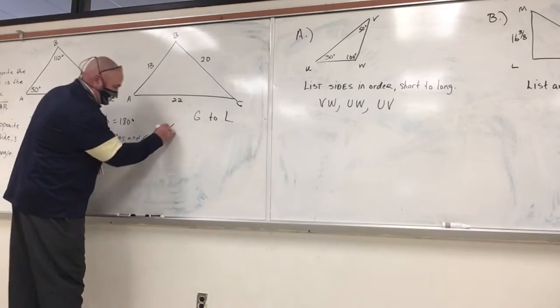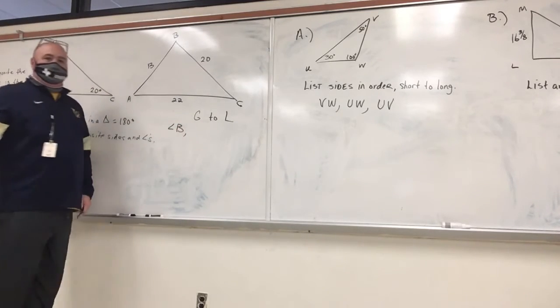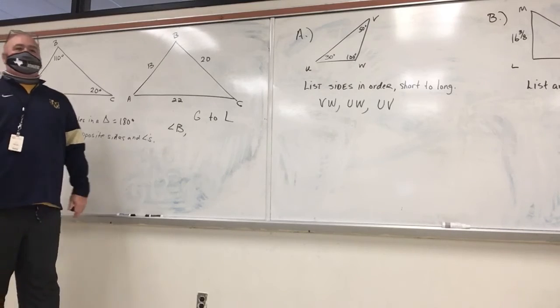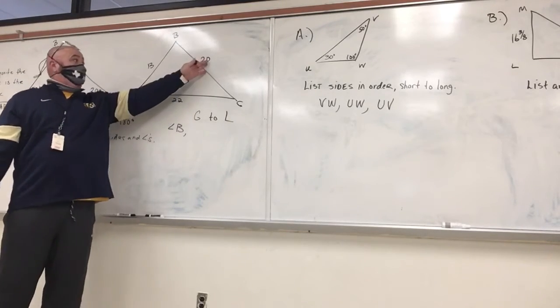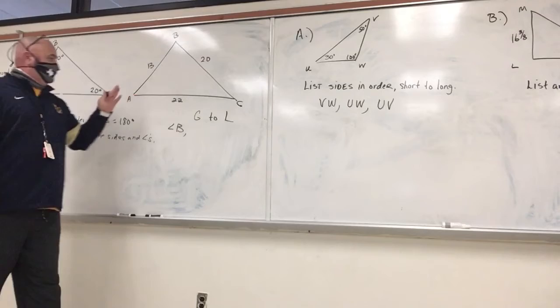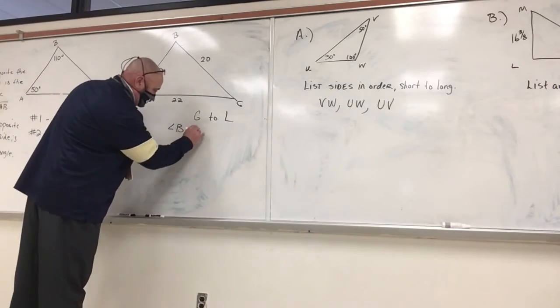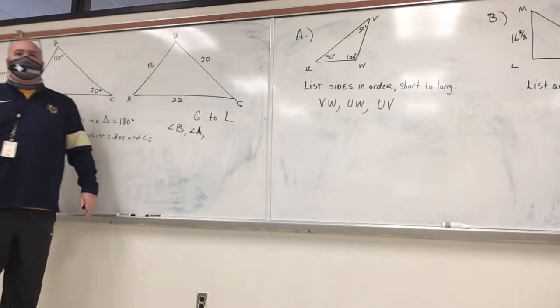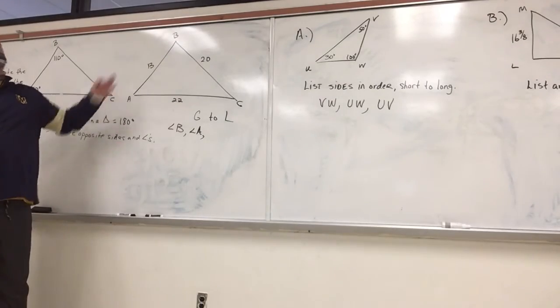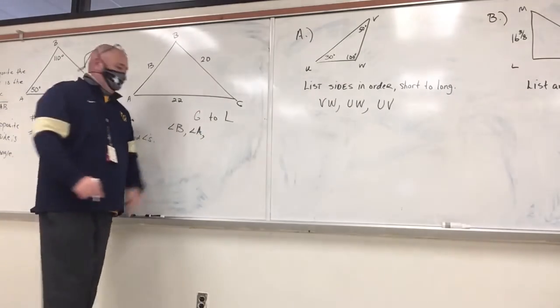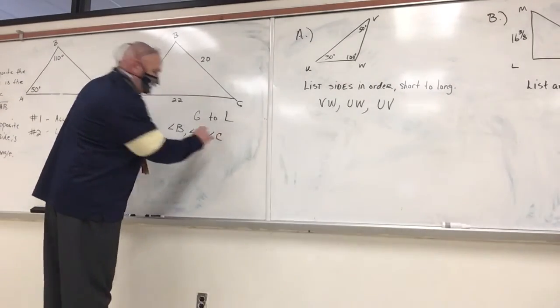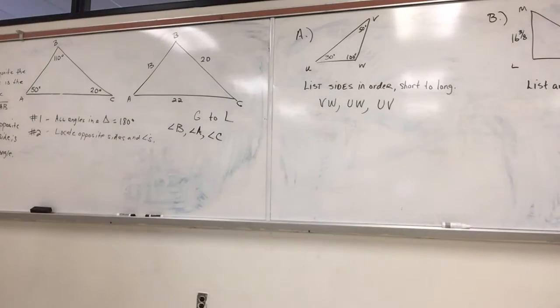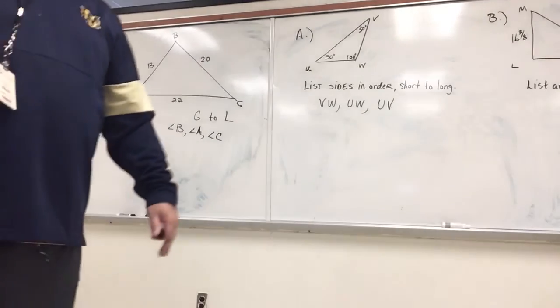Angle B is my biggest. What's next biggest? 20. What angle is opposite 20? Angle A goes next. And what's my smallest? 13. What angle is opposite 13? C. And I'm done. Does that make sense? Is that hard? No?